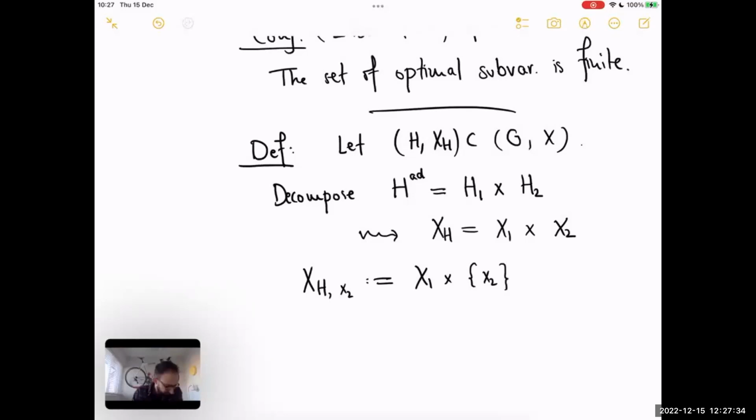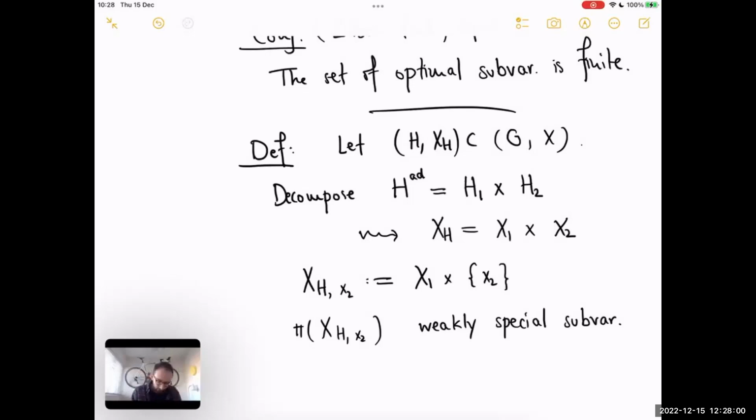And the image of such a thing, for any choice of the little x2, is what we call a weakly special subvariety. So we've moved from a countable family of subvarieties in the special subvarieties to now an uncountable family.